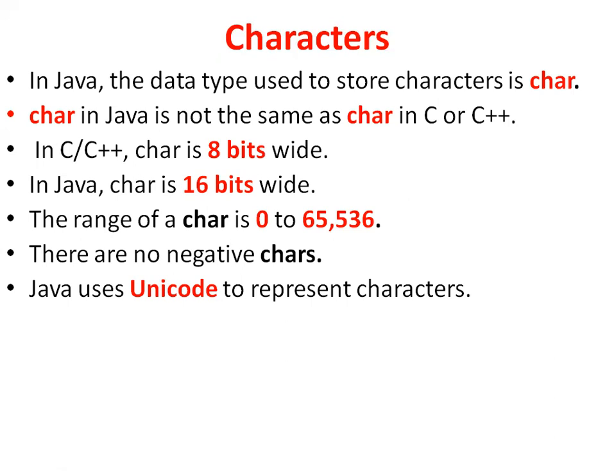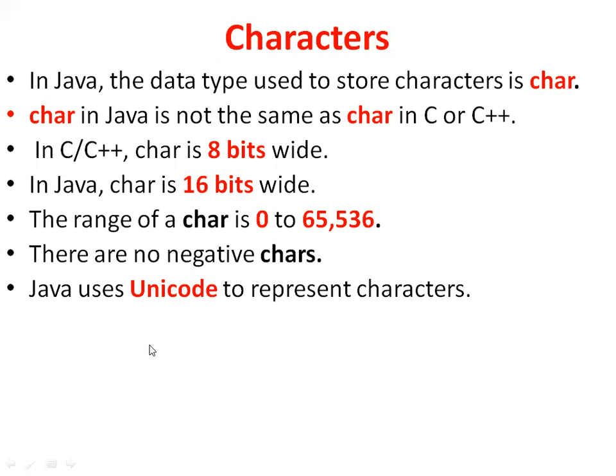That's why Java uses it, because it is an internet language. In different places the characters are different, and their language alphabets are different, so it has to use all those characters. That's why it is declared as 16 bits.